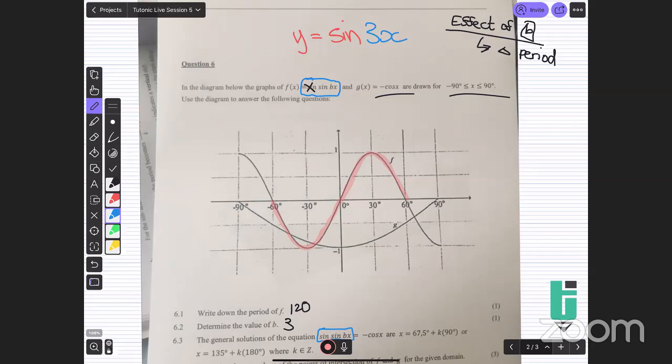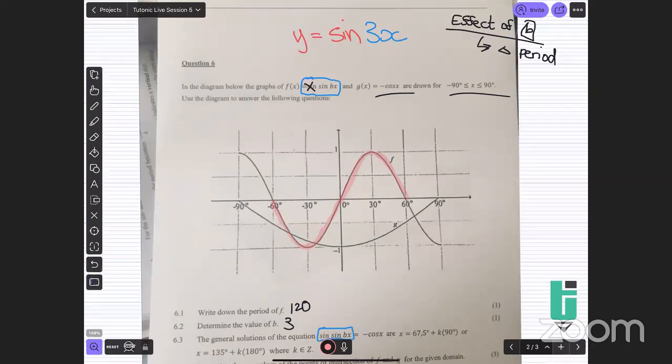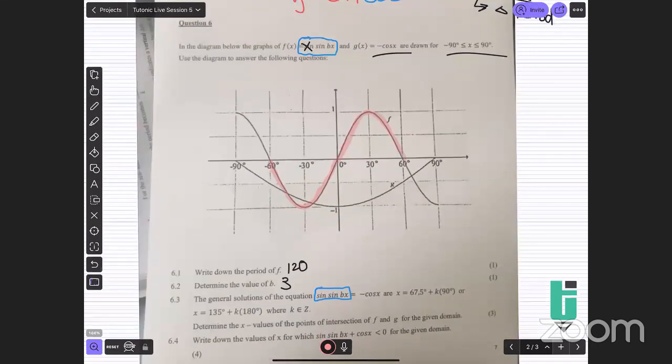The general solutions of the equation sine bx equals minus cos x are that. What does it mean when they say sine bx equals minus cos x? What can you deduce from that? They intersect on the graphs.